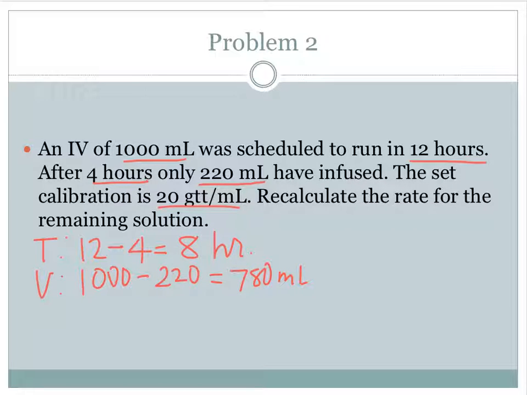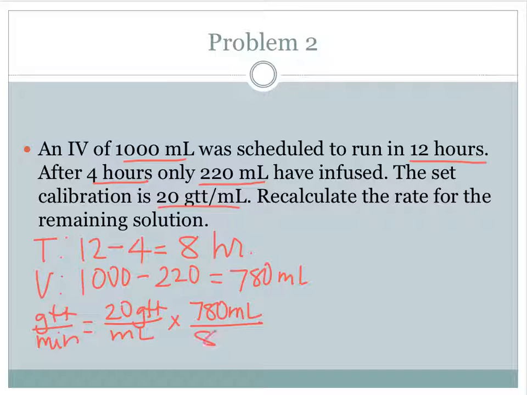Okay, so let's set up our calculation as drops per minute, and we will take the calibration of 20 drops per mil times 780 mils over 8 hours. Again, we have to convert the hours to the minutes.